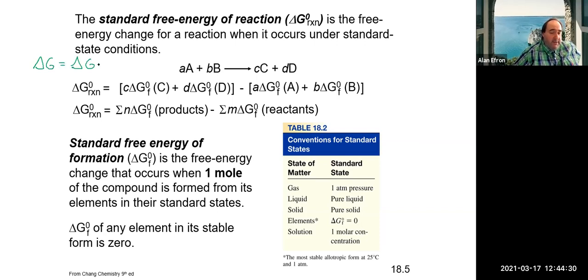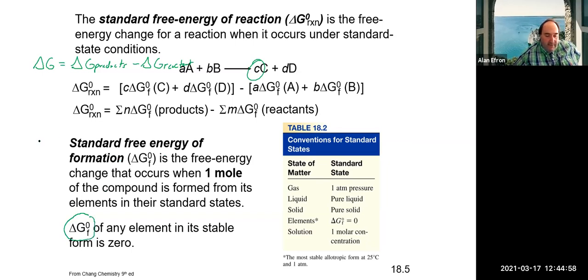Again, the coefficients need to be taken into account, and we would go to a table. Just like delta H, we could go to a table and look up what is referred to as the standard free energy of formation, delta G f.